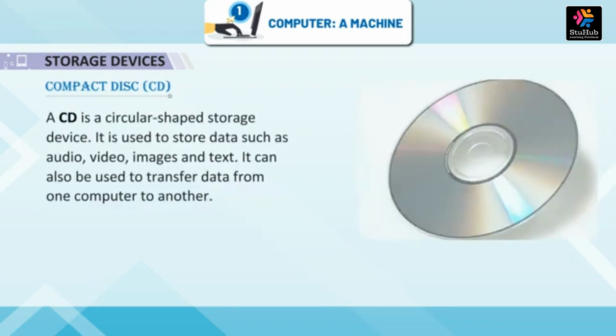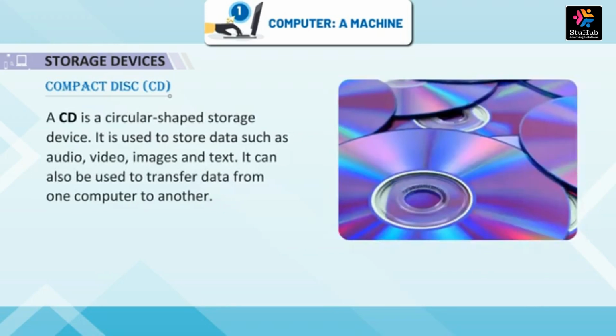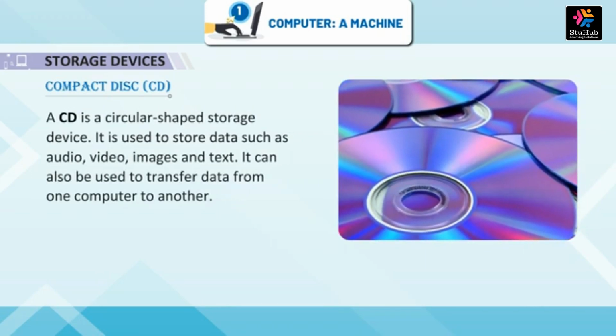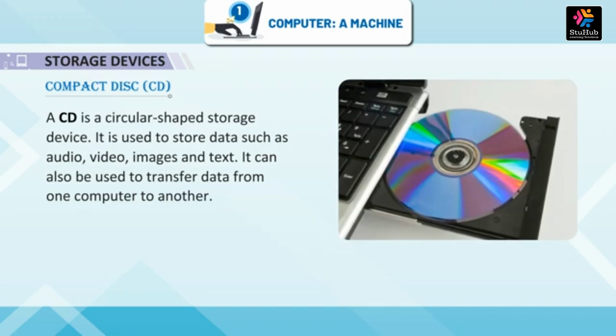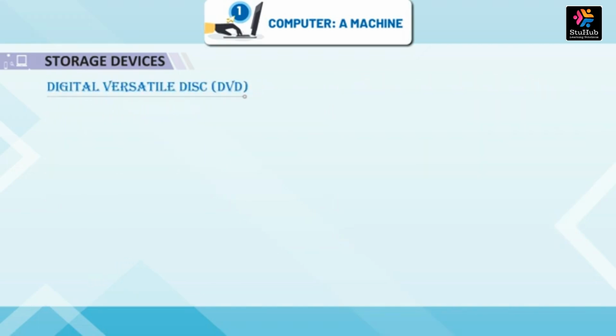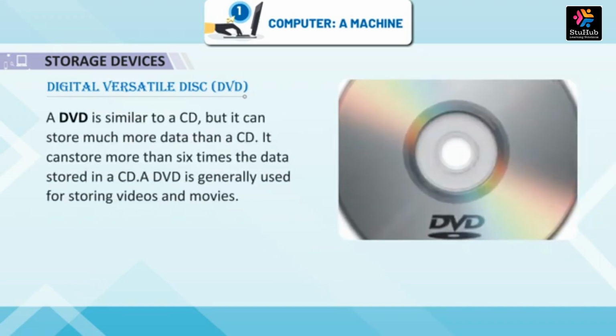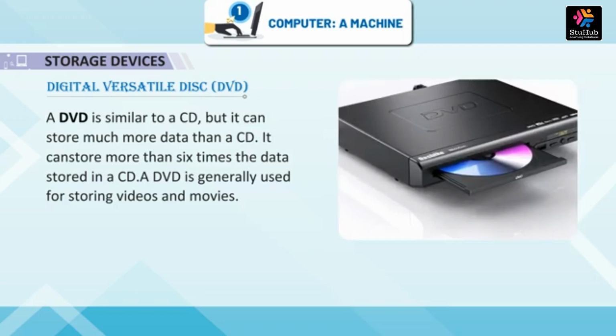Compact disc, CD. A CD is a circular-shaped storage device. It is used to store data such as audio, video, images, and text. It can also be used to transfer data from one computer to another. Digital versatile disc, DVD. A DVD is similar to a CD, but it can store much more data than a CD.